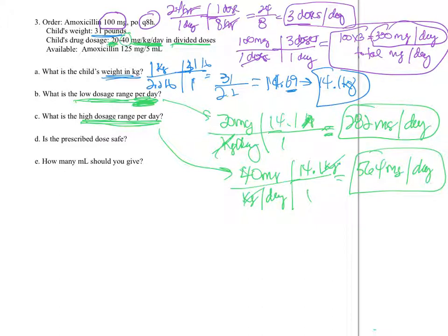Okay, now, is this prescribed dose safe? Is this 100 milligrams PO Q8 safe? Well, our low dosage range per day says 282 milligrams, and our high dosage is 564 milligrams per day. And when we calculated it up here, our total milligrams per day was 300.